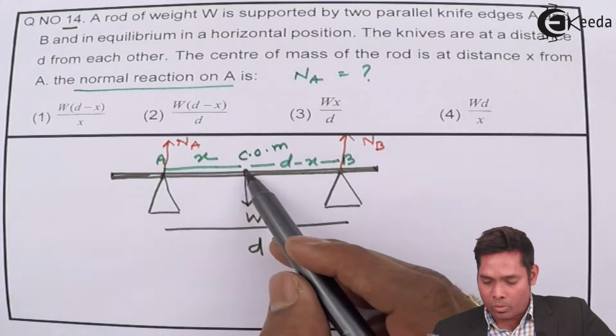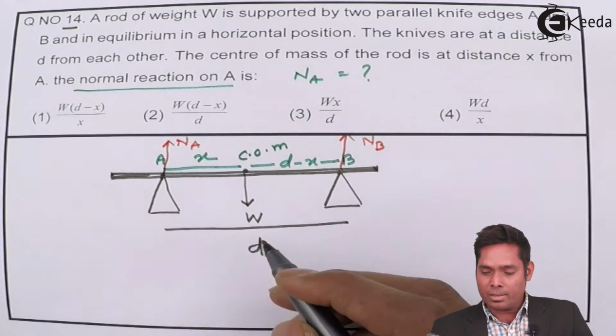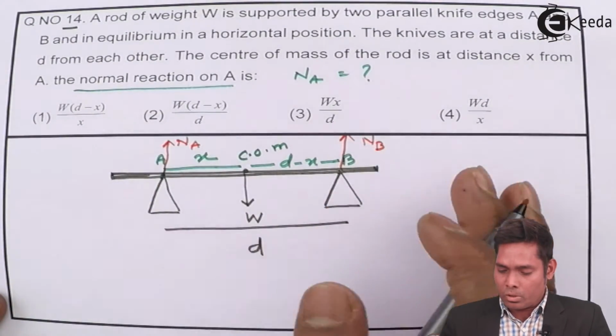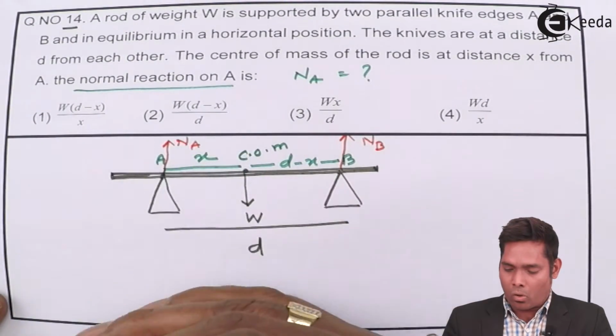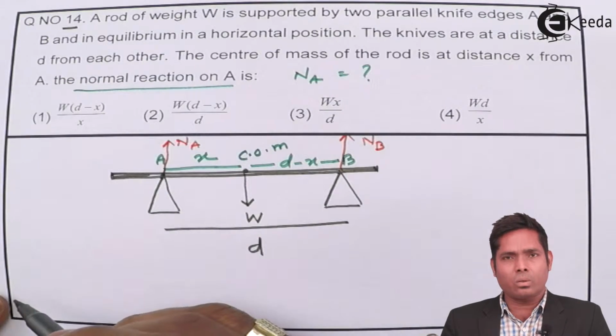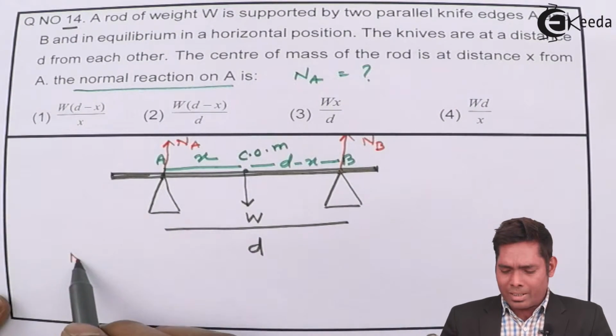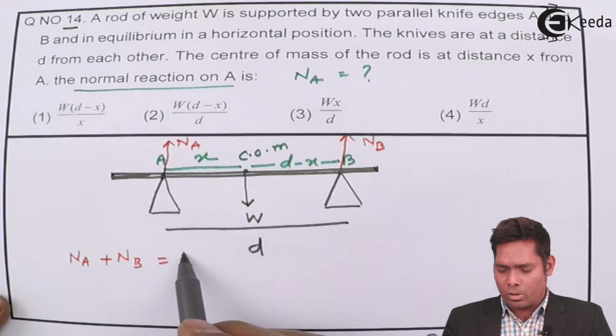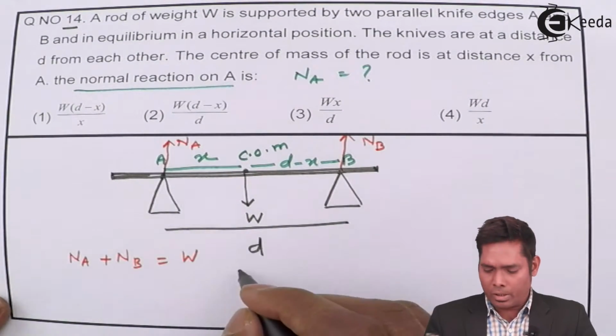The weight will act downward from the center of mass, and there are no other forces. Because the rod is in equilibrium, the upward force and downward force will balance each other out. So the normal reactions NA plus NB together balance the weight of the rod. This is my equation 1.